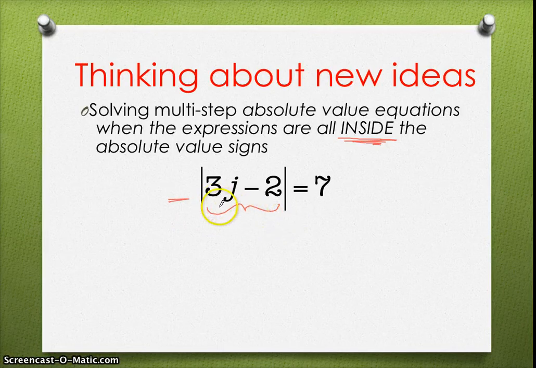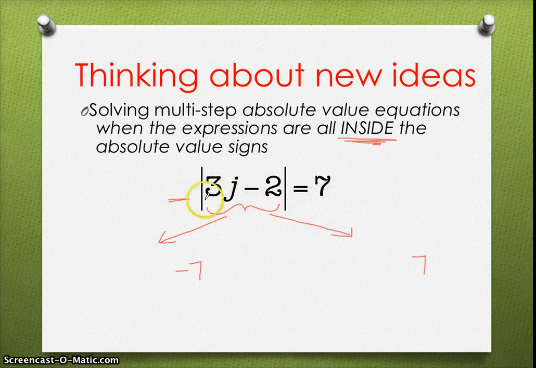But because we are only working with things on the inside, let's go ahead and break it up into 2 situations. We know that the number negative 7 and the number 7 both have an absolute value of 7. The distance away from 0 is 7.